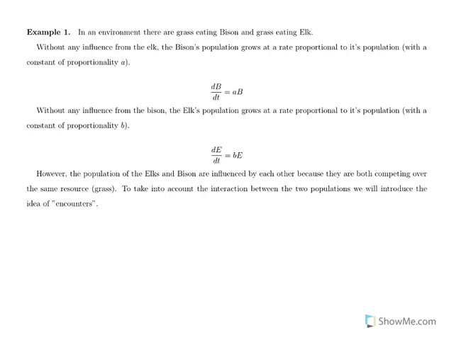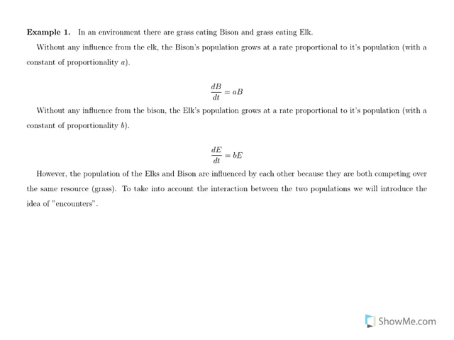We can just say that the population of bison is going to grow exponentially, at a rate proportional to its population, without any influence from some other source. In the same way, without any influence from the bison, the elk's population grows at a rate proportional to its population. This is probably at a different rate than it would be for the bison, so we're going to call that constant B.